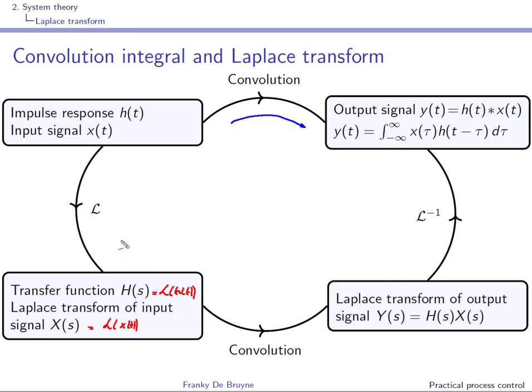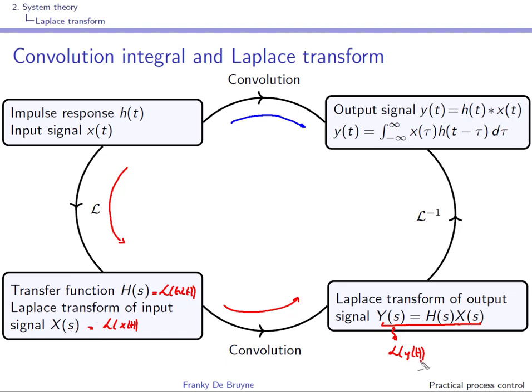And the neat thing about this, that is, if you go this way, well, you can very simply obtain the Laplace transform of the output by taking the product of the transfer function with the Laplace transform of the input, right?